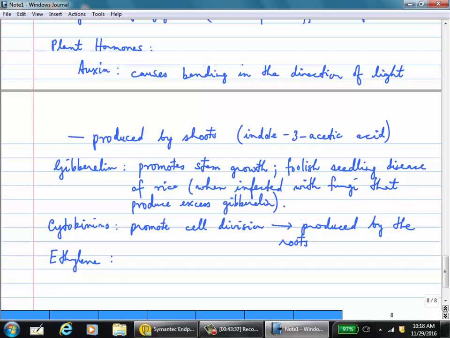You take bananas, you expose them to ethylene, they ripen. So ethylene promotes fruit ripening, and the fruit ripening doesn't happen automatically. When you put in ethylene, there's some signal transduction inside that is causing some molecules to act on something else, and then you're seeing the phenotype of ripening. So it promotes fruit ripening.